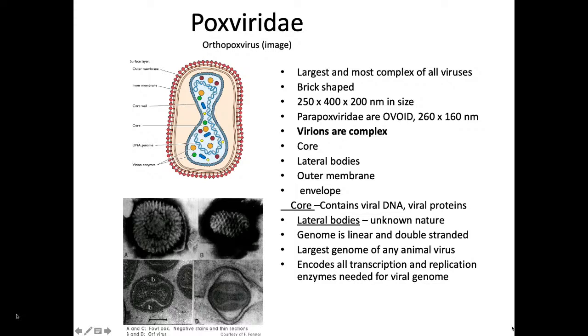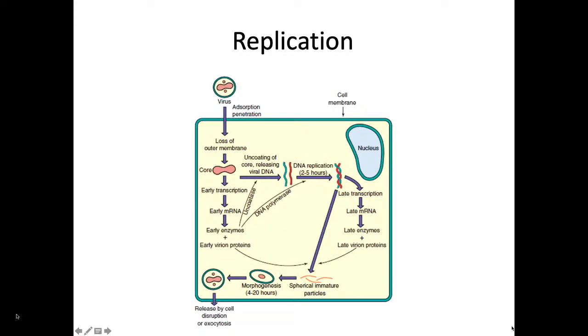Proteins from lateral bodies participate in modulation of the immune response and are also involved in transcription. The studies will reveal more and more about the function of lateral bodies. So, pox viruses have the largest genome among human and animal viruses, and replication takes place in the cytoplasm.